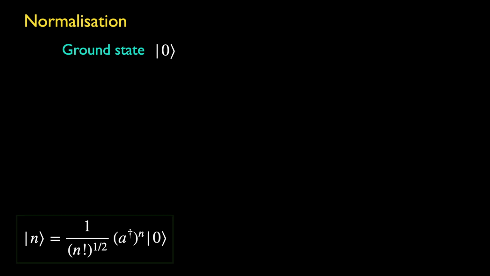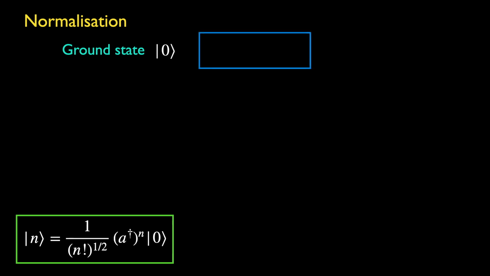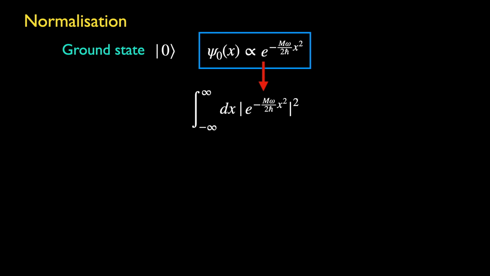Let's get back to the question of normalization. Once the ground state is normalized, all the other eigenstates would automatically be normalized. Let's normalize the ground state. This involves integrating over the absolute square of the Gaussian wave function derived earlier, which is just a Gaussian integral.